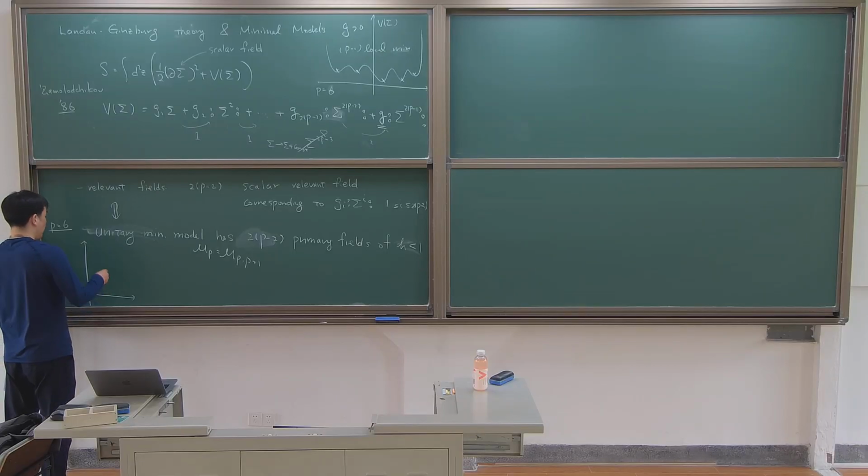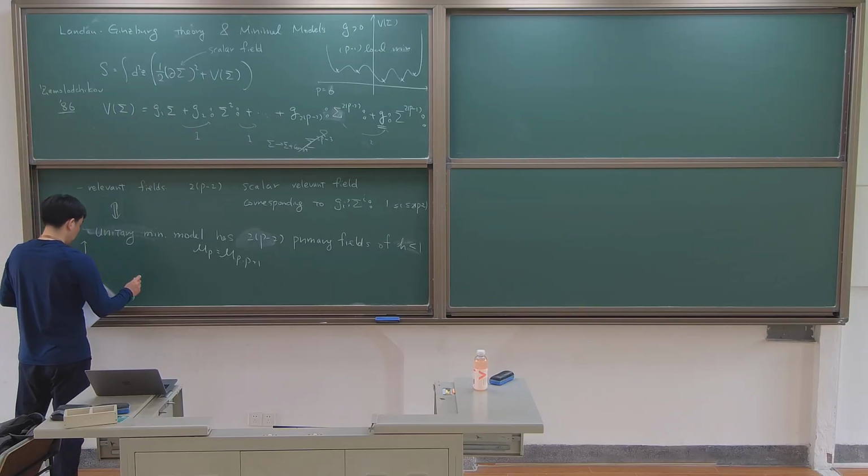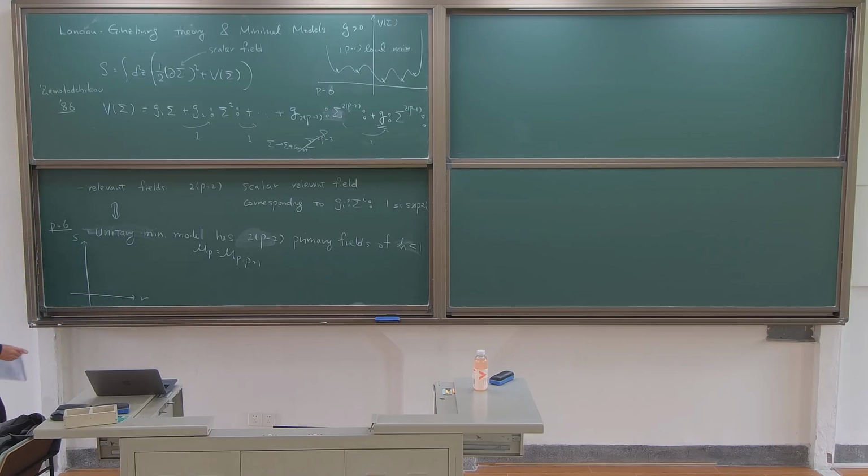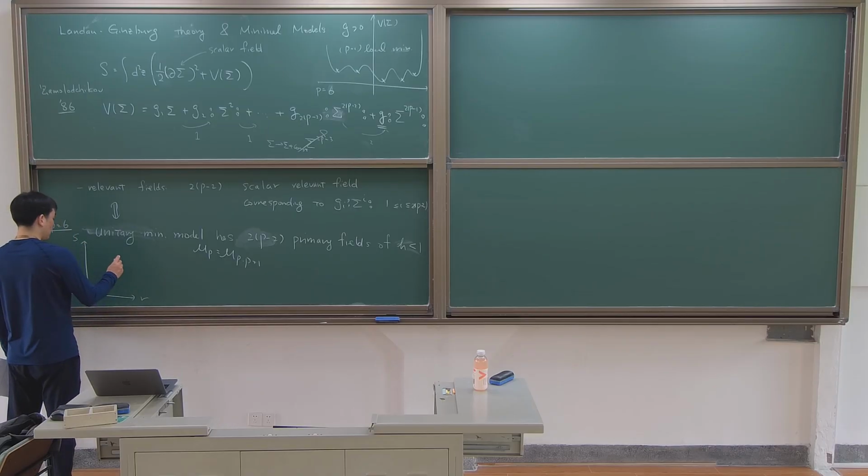As I mentioned many times, there is an r and s. I don't remember which one is r and which is s. In the p equals 6 case, you have the vacuum.